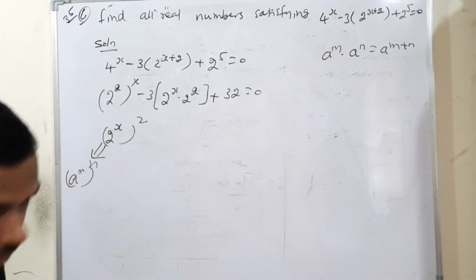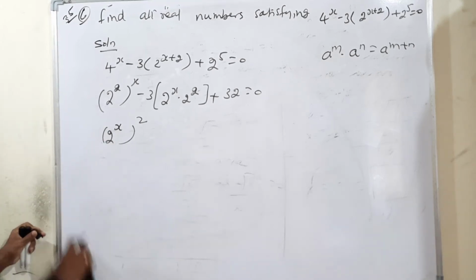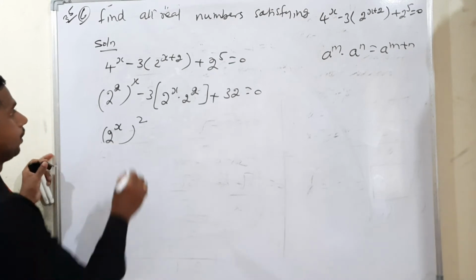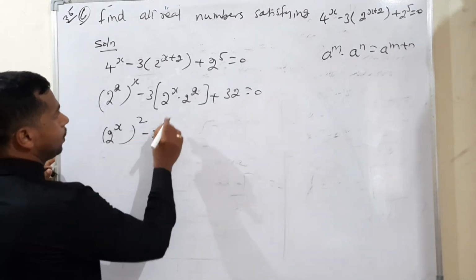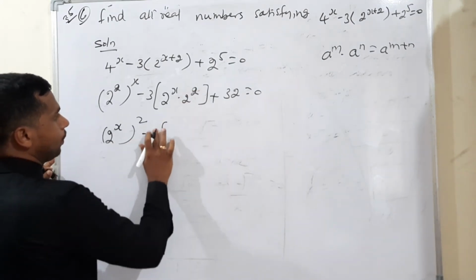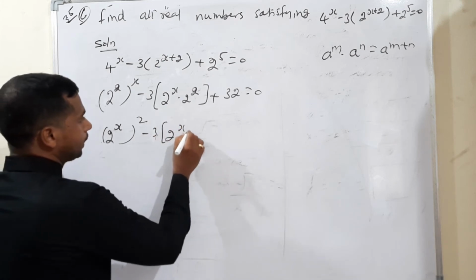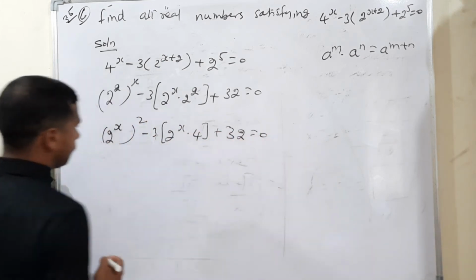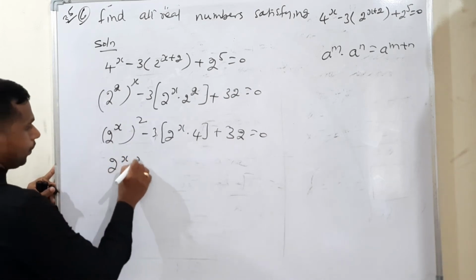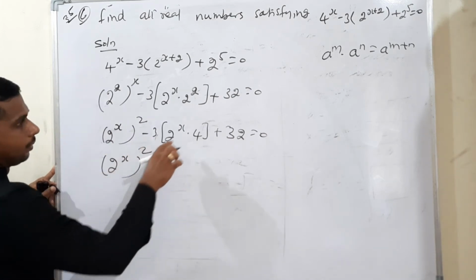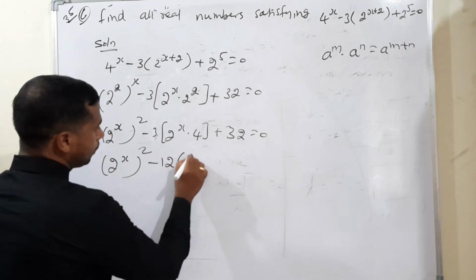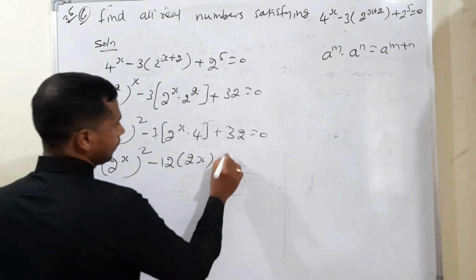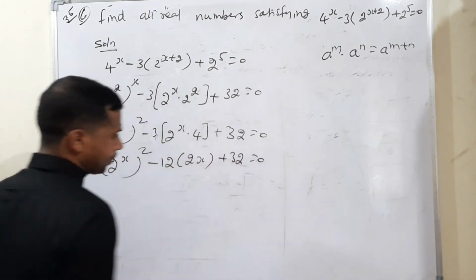Okay. So next what we have to do: minus 3 into, so 2 square means 4 will come, isn't it? So 2 power x into 4 plus 32 is equal to 0. Again 2 power x the whole square, minus 3 into 4 means minus 12 into 2 power x, plus 32 is equal to 0.